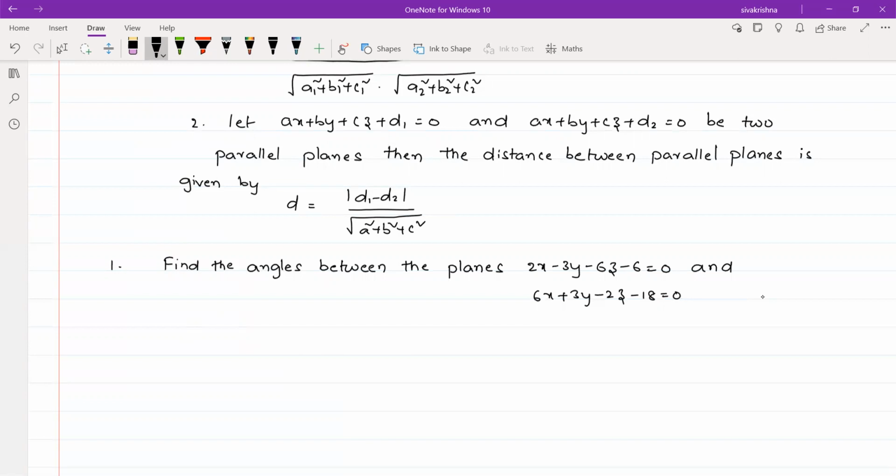So here we have been given two planes. Now we have to find the angles.